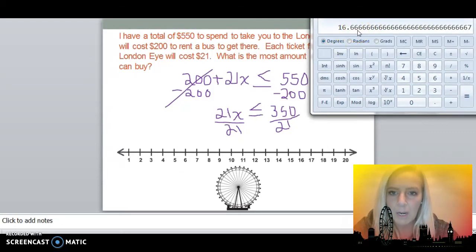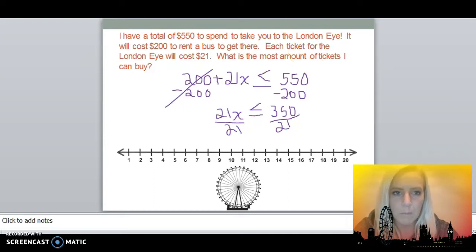Now, because we're talking about tickets, I can't buy 16.6 tickets. So I'm going to round down to 16, because if I bought 17, I'd be spending too much money and I wouldn't have enough left over. So x is less than or equal to 16. The most amount of tickets I can buy is 16.